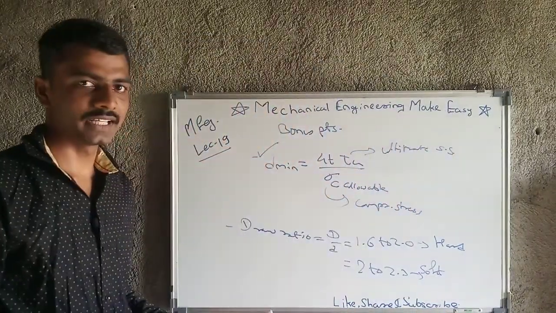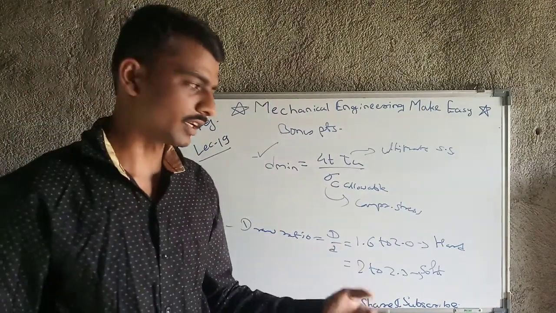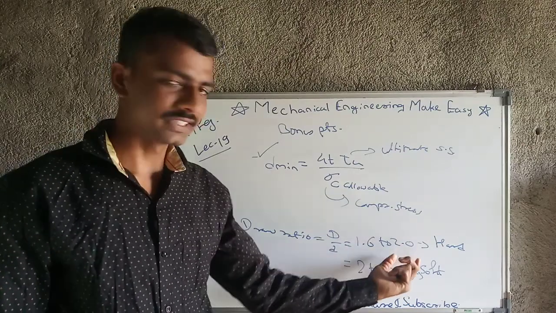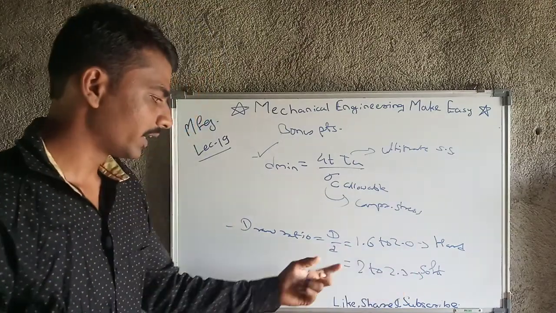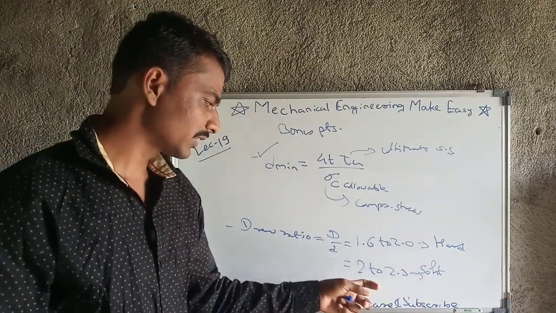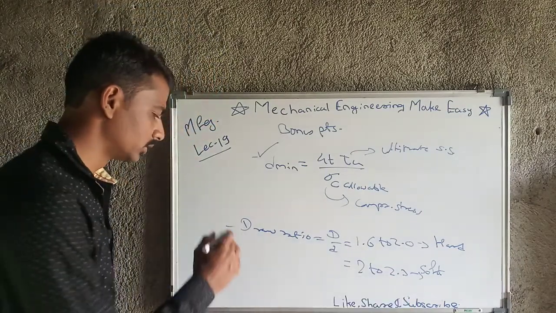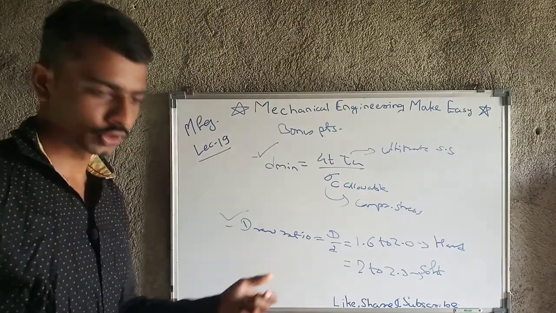Means if we are using hard material, then the draw ratio will have a value of 1.6 to 2, and if the material is soft, then the draw ratio value may go to 2 to 2.3. So these are the values of limiting draw ratio.